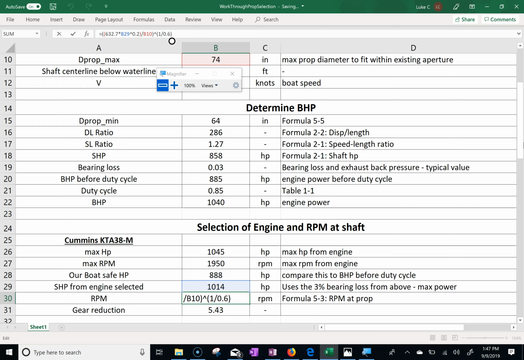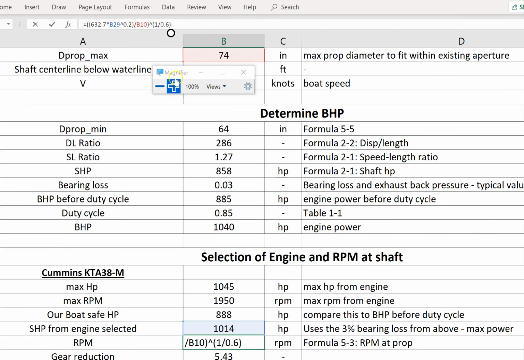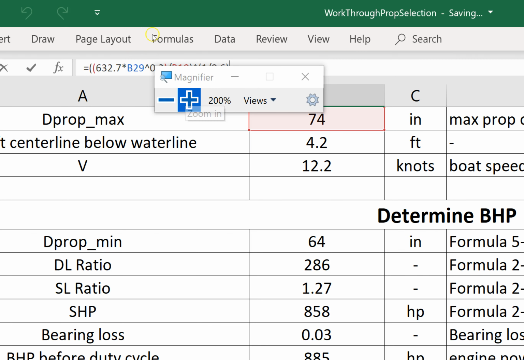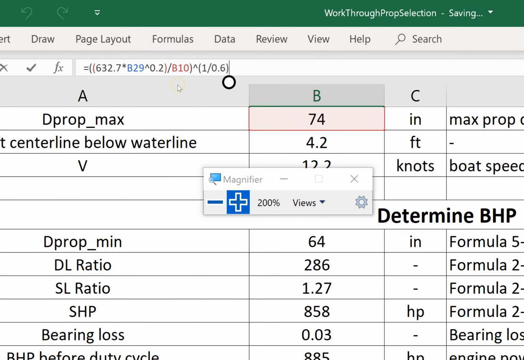That's again based on the max HP and some bearing losses. So again, let me zoom up here to make sure you get it. If you notice, we took parameters for the boat that's sitting in the water.